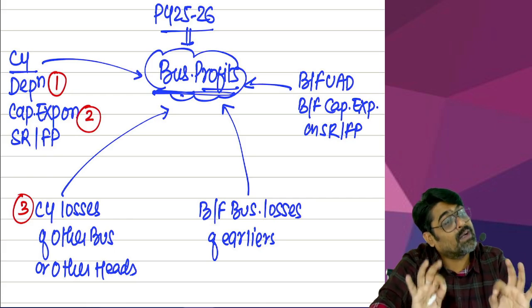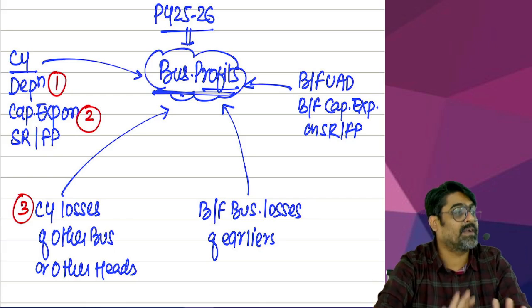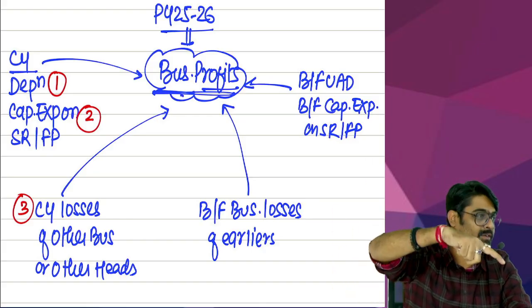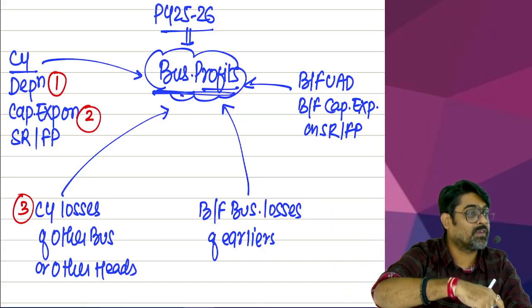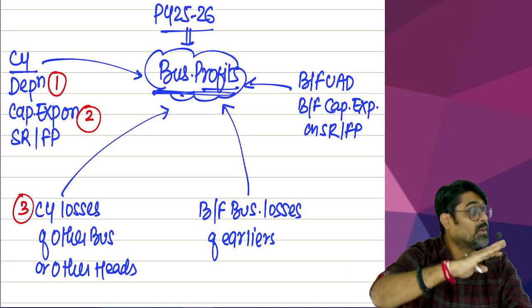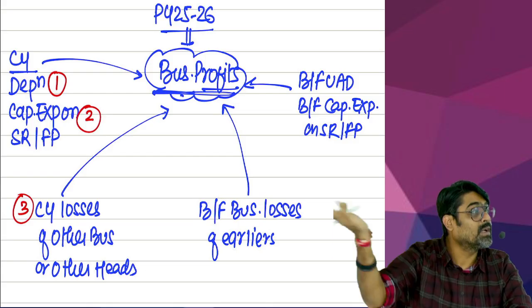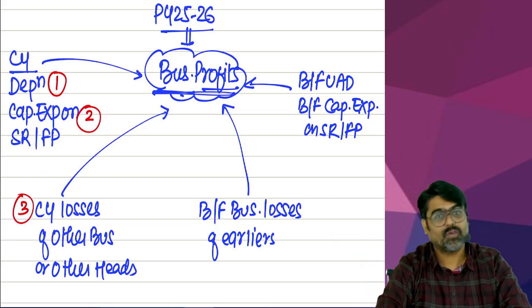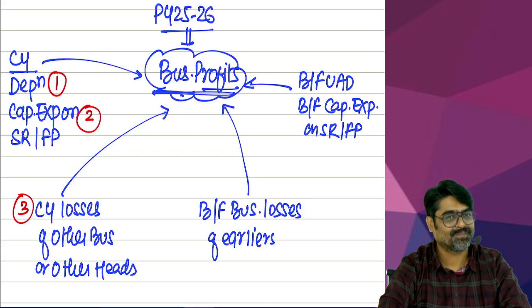And after doing the current year adjustments, if the profits remain, then the earlier years' brought forward losses will be adjusted. Now earlier years' business losses are also there, and earlier years' unabsorbed depreciation is also there. Which one will you set off first?